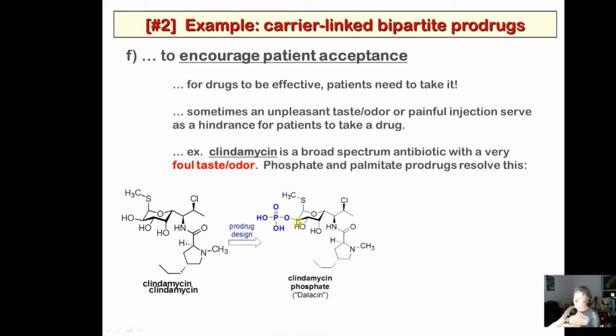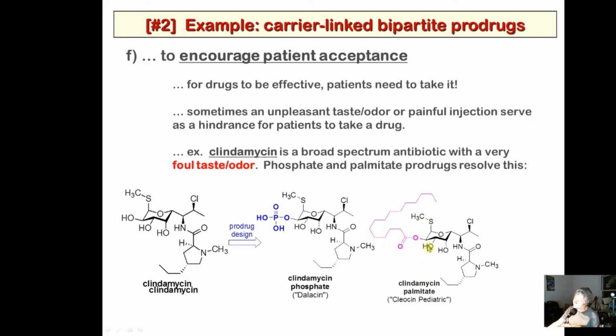Attaching a phosphate group to this oxygen on the sugar makes it more palatable. This drug is called Dalacin, which is simply the phosphate of clindamycin. Clindamycin palmitate is the same thing, but now with a palmitate ester.